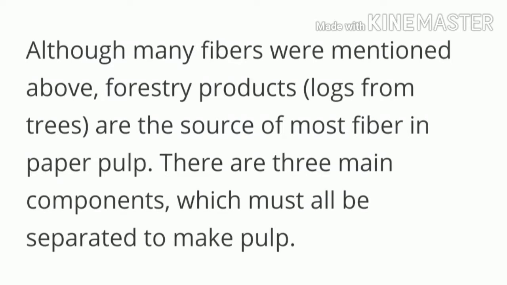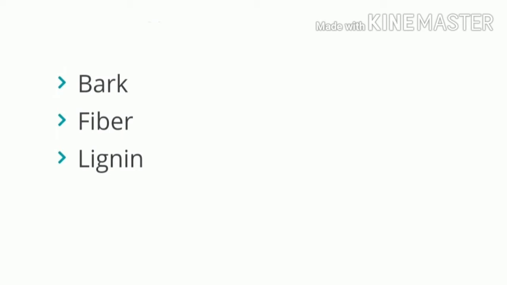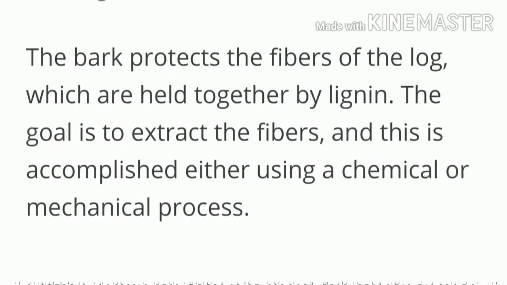How is paper pulp made? Although many fibers were mentioned above, forestry products, meaning logs from trees, are the sources of most fiber in paper pulp. There are three main components which must be separated to make a pulp, and they are bark, fiber, and lignin.